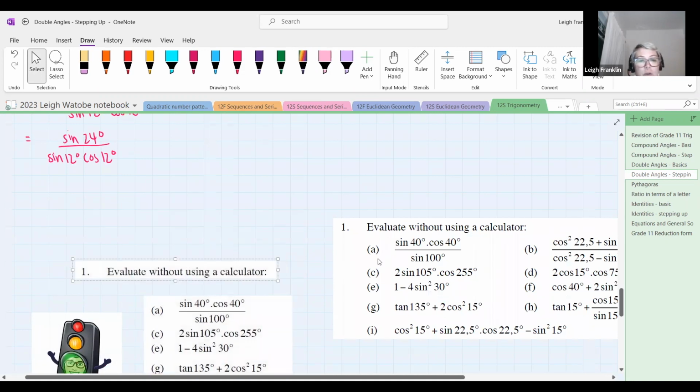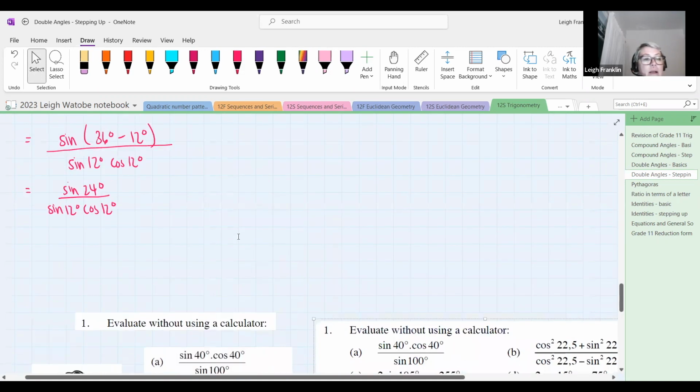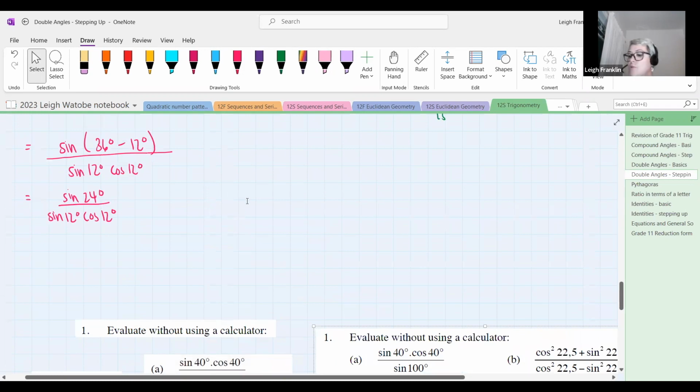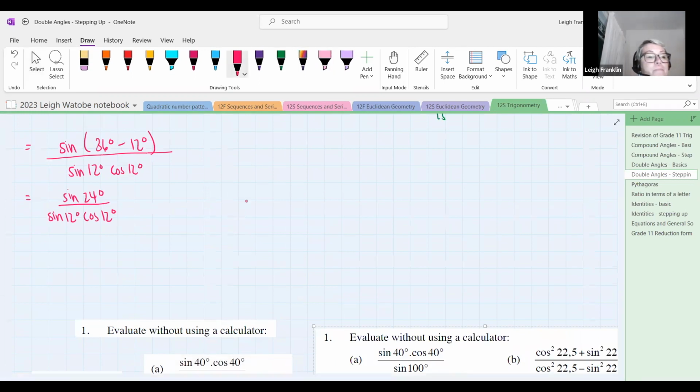Exactly. So now we are using double angles. So how would you write the numerator? 2 sine, open brackets 12. Lovely, over sine 12 cos 12.